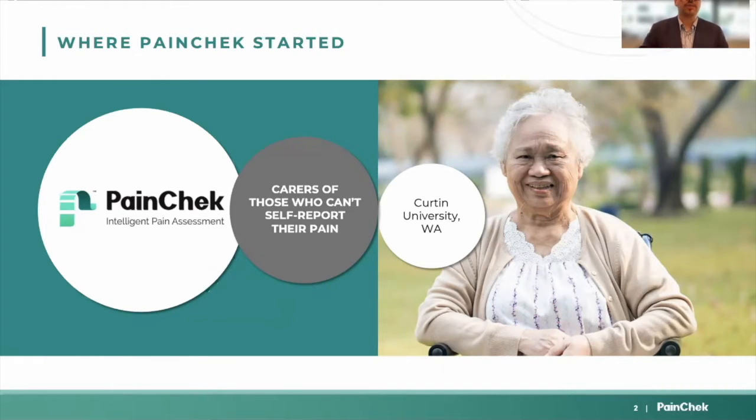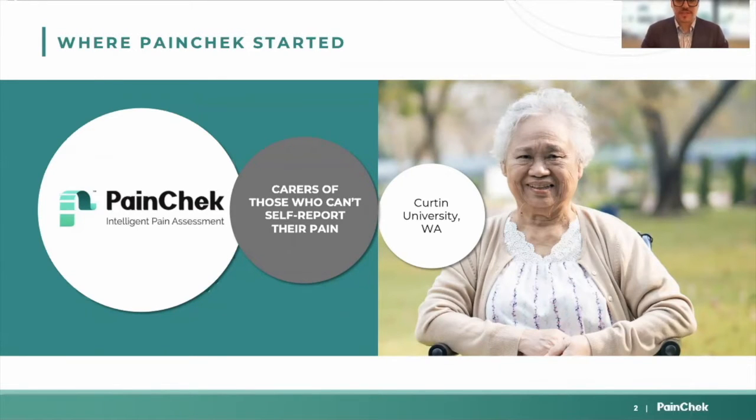Maybe they are unable to effectively articulate their own pain, or maybe their self-report doesn't align with an observable pain condition. For example, someone who self-reports that they're just fine, or we can see them clearly in quite a bit of pain. Often quite a common scenario, particularly with that cohort that is currently living in residential aged care.